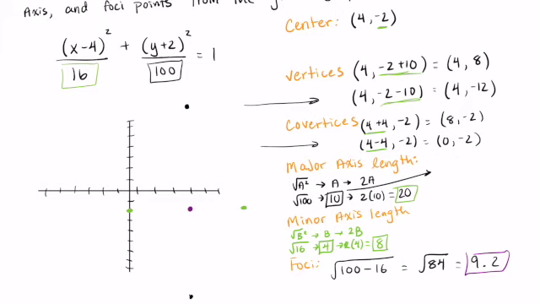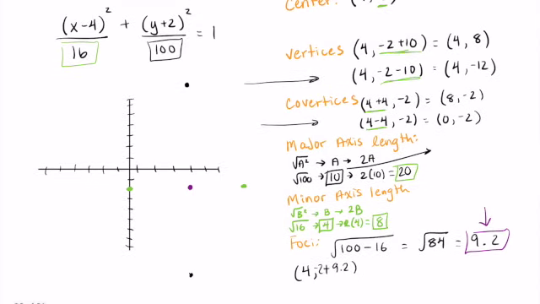How awesome. Since we are opening up longwise along the y-axis, this means that I am going to take, again, my center, and I'm going to have 4 comma negative 2 plus 9.2, and then 4 comma negative 2 minus 9.2.